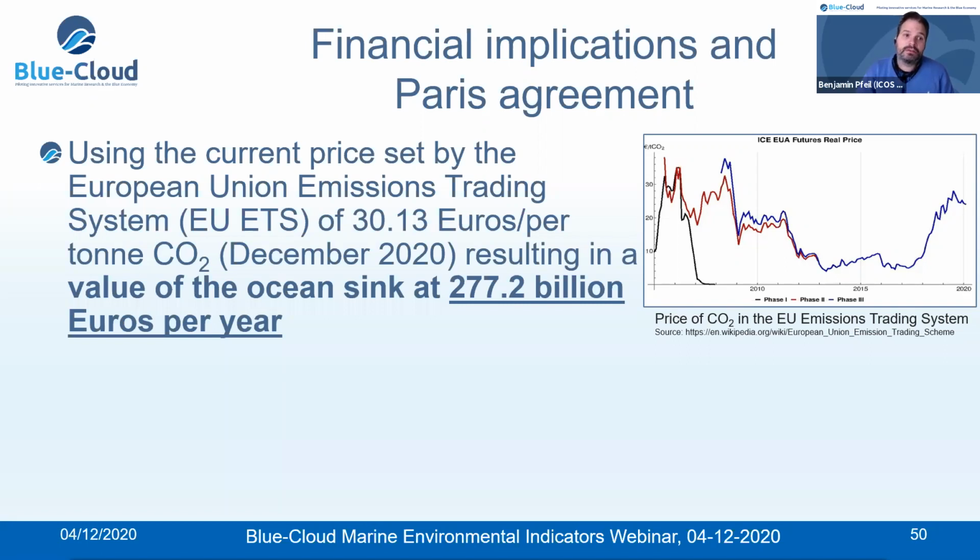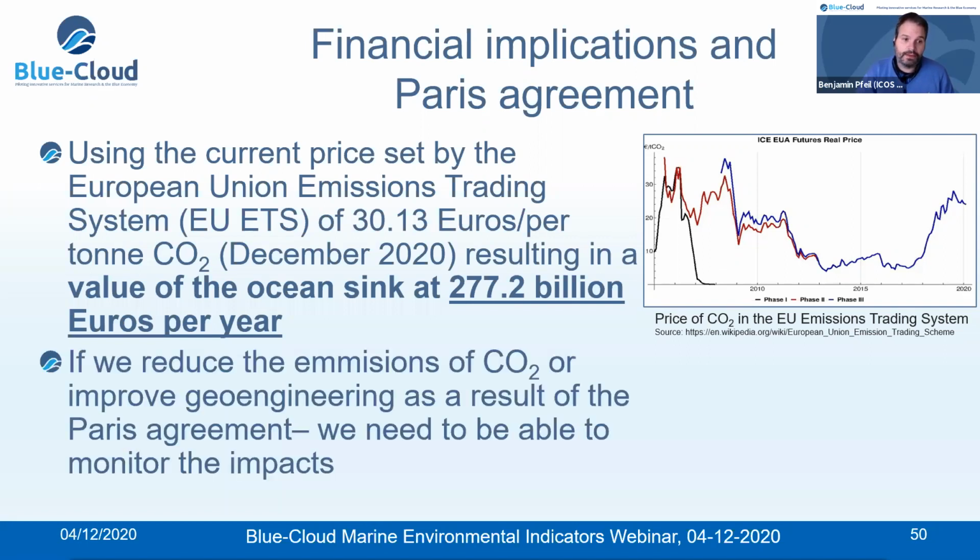And as you can see in the right-hand figure, those prices are actually quite flexible and they're currently rising. But if you reduce the emissions of carbon dioxide or improve geoengineering as a result of the Paris Agreement, we need to be able to monitor the impact, and the impact of reductions will have an impact on the EU ETS.